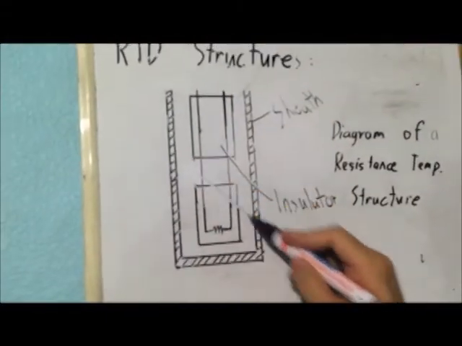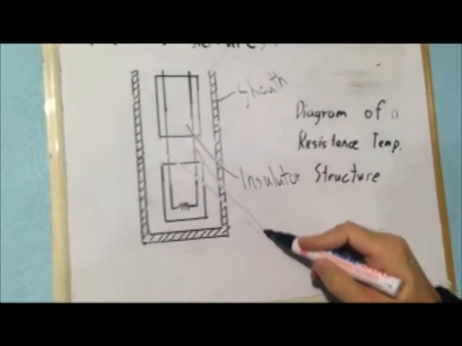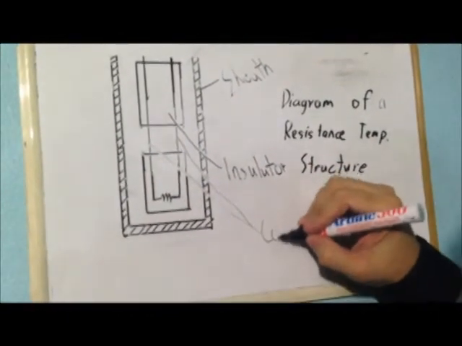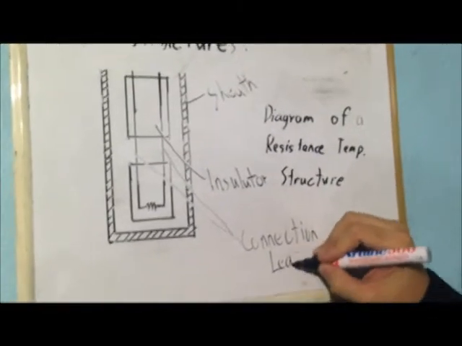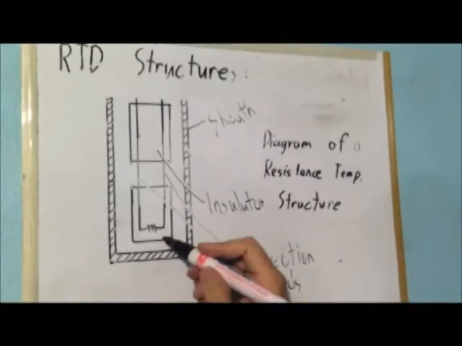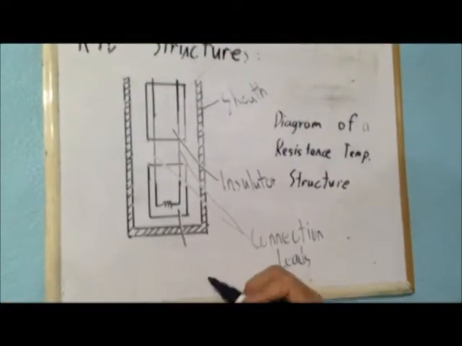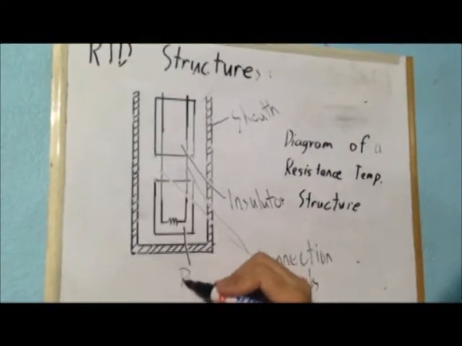These two wires here are the connection leads. And lastly, this is the resistance sensor.